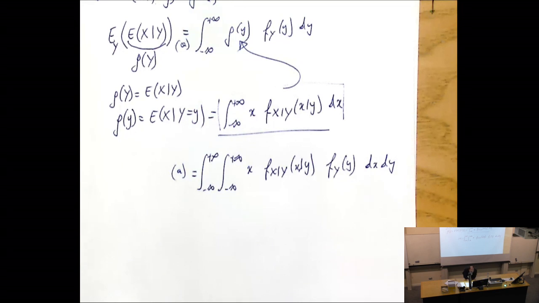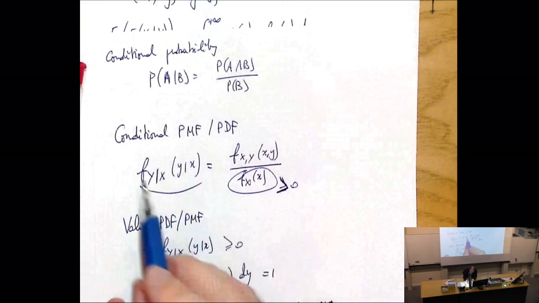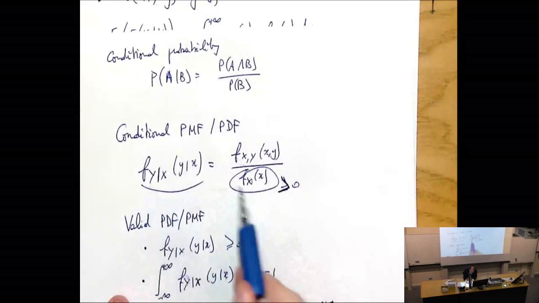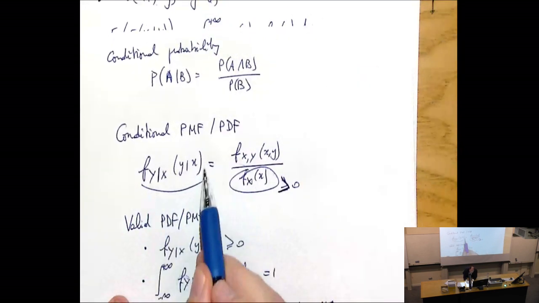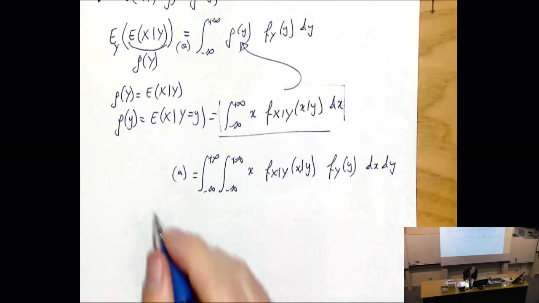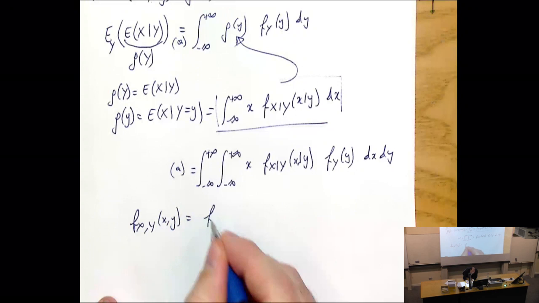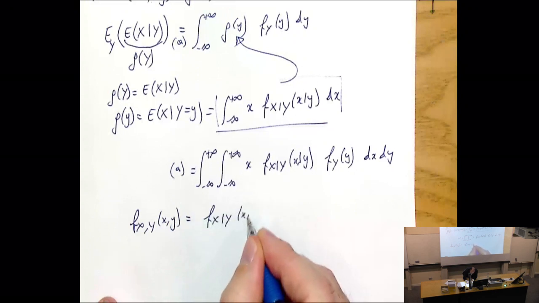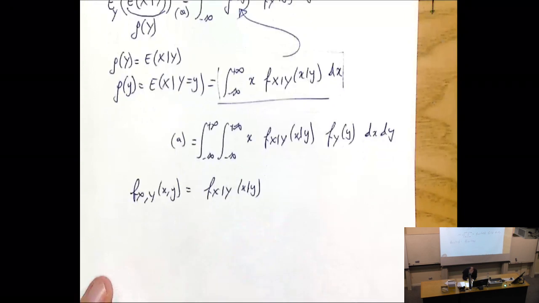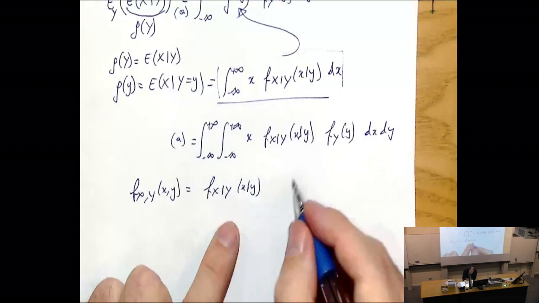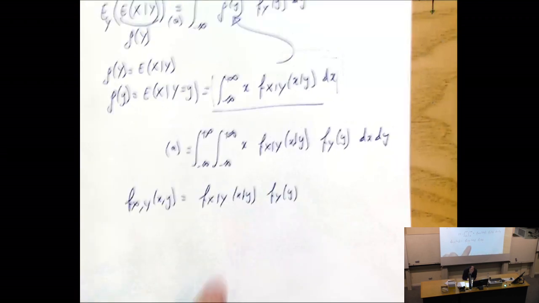Okay, so what do we do with that? We go back to the definition of conditional PDF, and you see that if you take this term and bring it to the other side, what you have is f of x,y equal to the conditional PDF of x given y multiplied by the marginal of y.